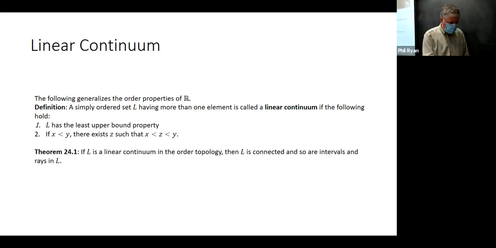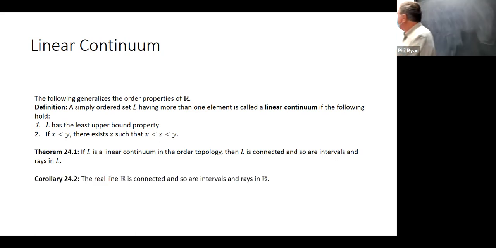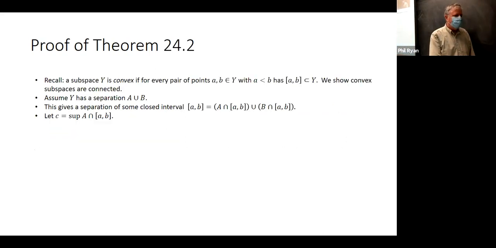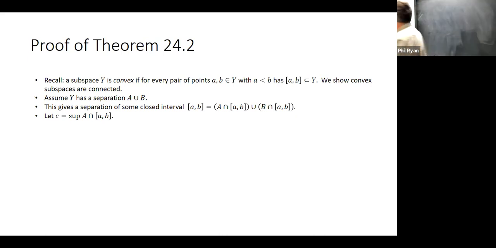And so in particular, as a corollary from this, we get straight away that the real line is connected, and so are intervals and rays in R. Right, because we set it up to be, because R is a linear continuum.